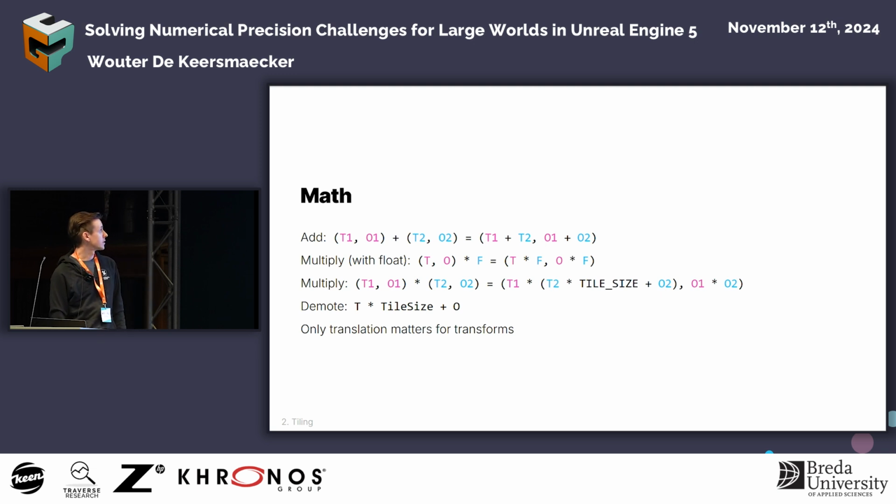The naive way to do this is just element-wise. If we have 2 coordinates with a tile and an offset, we sum the tiles, sum the offsets, and we're done. Similar with multiplication. For transforms, it's simple because we don't really care about very high precision rotation or scaling.